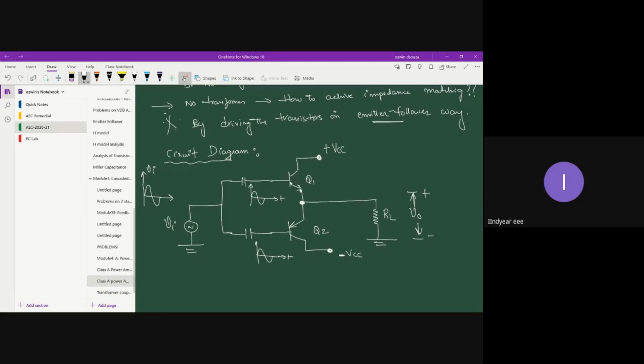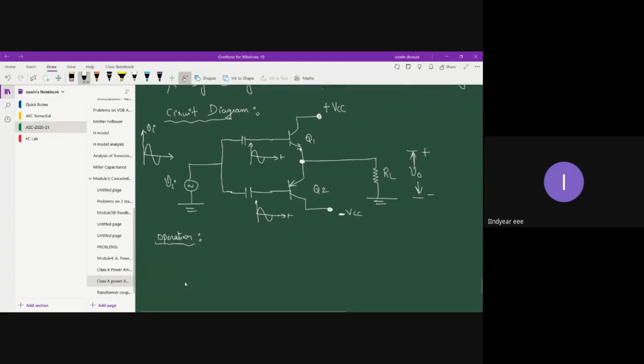Let us look at the operation. Operation is very simple. First let us consider the positive half cycle of the input. Let us divide our working into two zones: what happens during the positive half cycle of the input, and what happens during the negative half cycle of the input.